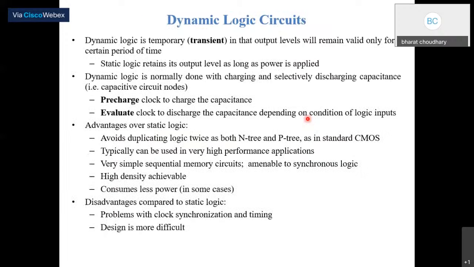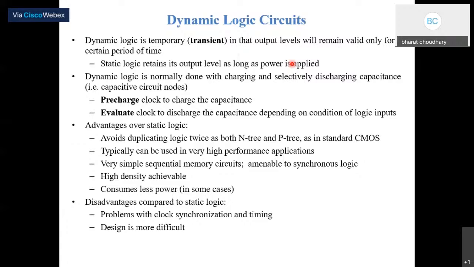And now we are moving towards dynamic logic gates, dynamic logic circuits. These are based on temporary storage, charge storage across a capacitor. So these are temporary transients in the output level. The output levels will remain valid only for a certain period of time.